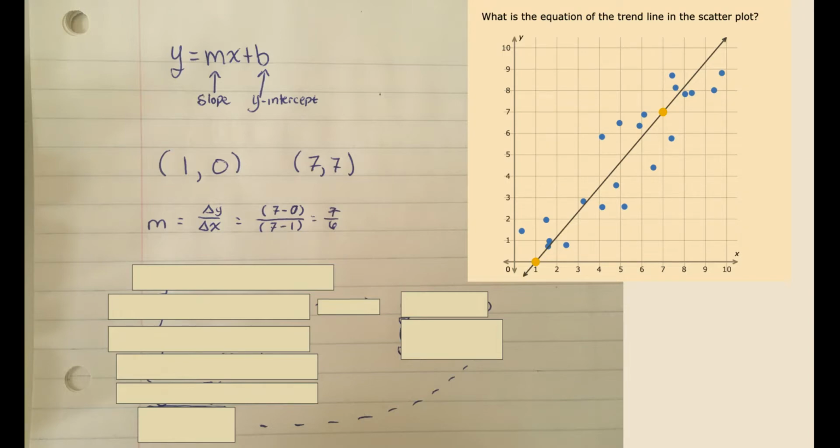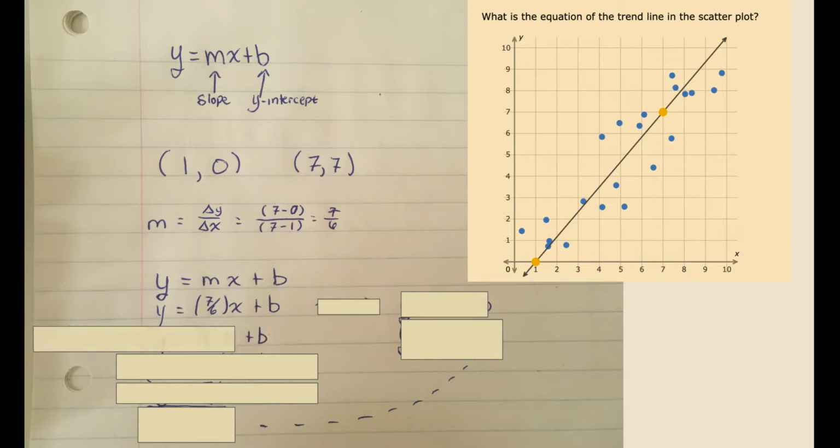Once you have your slope, you can go back to your slope-intercept form, y equals mx plus b, and substitute it in for the slope. Now we need to figure out the value of b, which is our y-intercept. To do that, you're going to take one of the 2 points that you have and substitute it in for the x and the y.